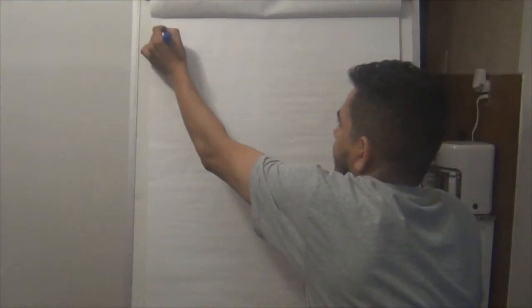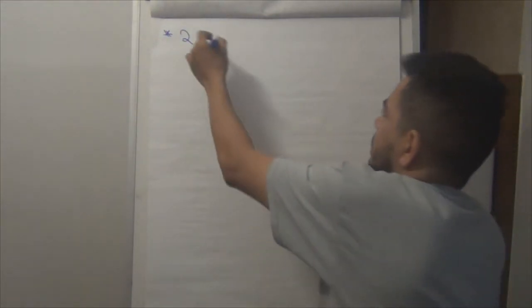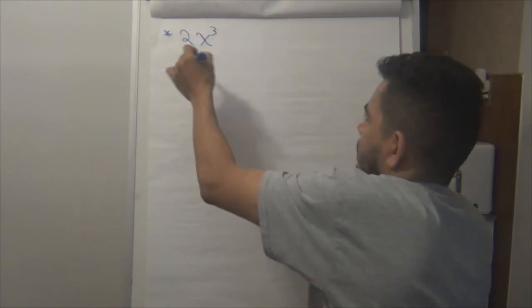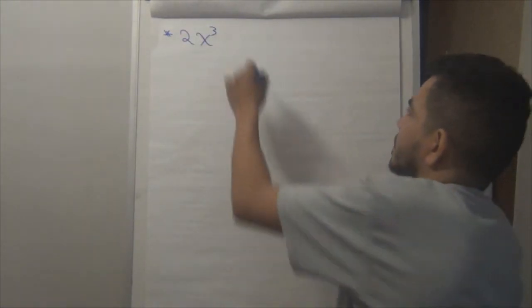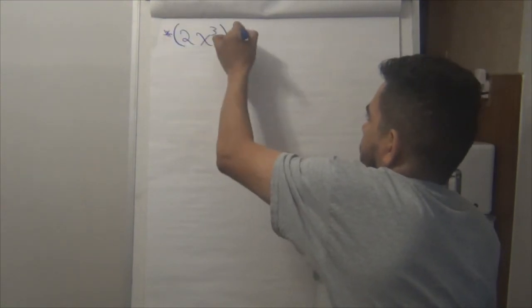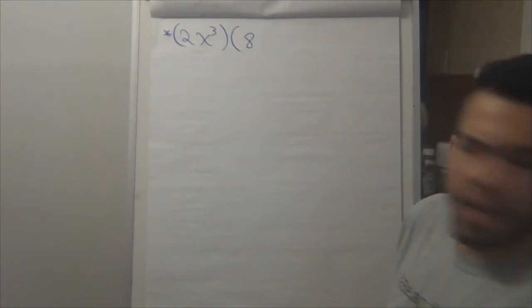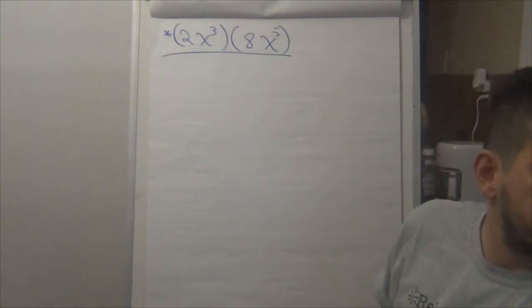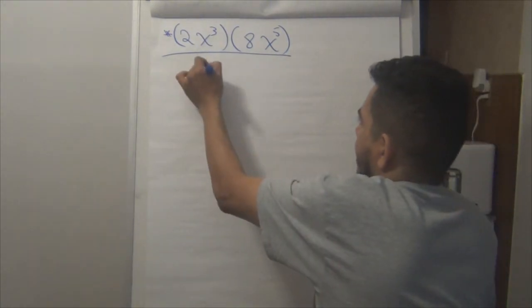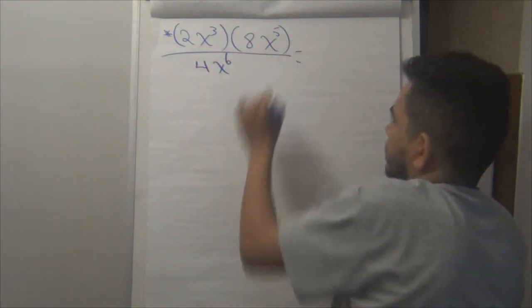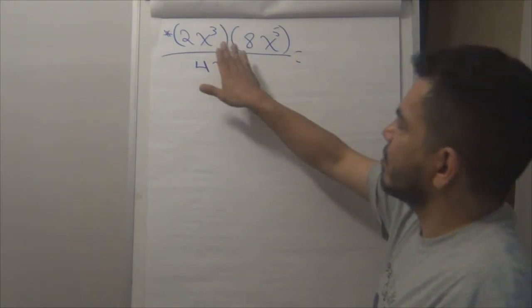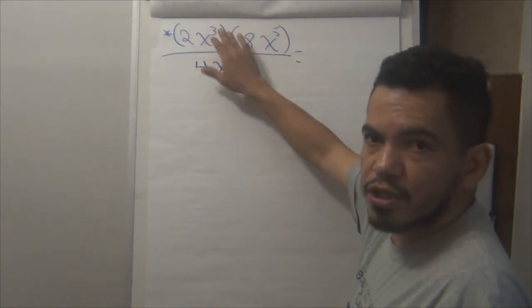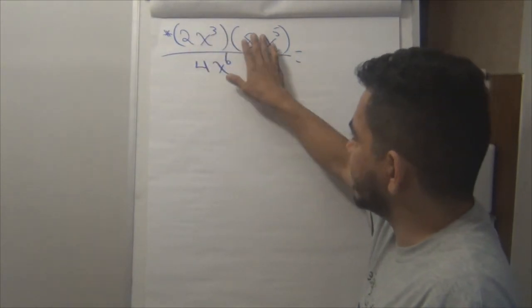So next problem. That is 2x to the third times 8x to the fifth, divided by 4x to the sixth. Okay, so there is no sign like plus or minus, so you don't have to divide this by this and this by this.